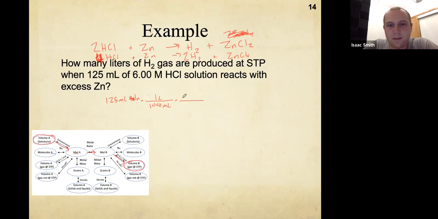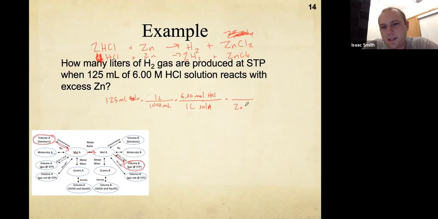So then we can say we have 6.0 moles of HCl for every 1 liter of solution. At this point we've converted from volume to moles, because we're at moles of HCl now. Now we need to go from moles of HCl to moles of hydrogen. It doesn't really matter if you use 2 to 1 or 4 to 2, it's the same ratio.